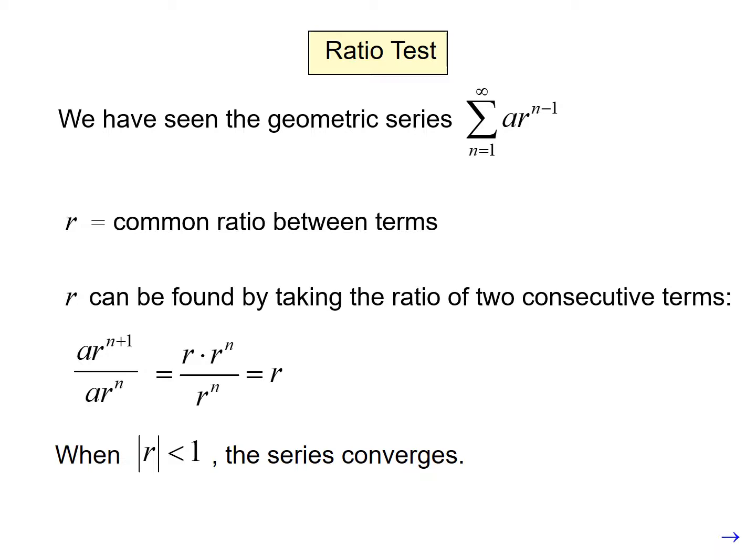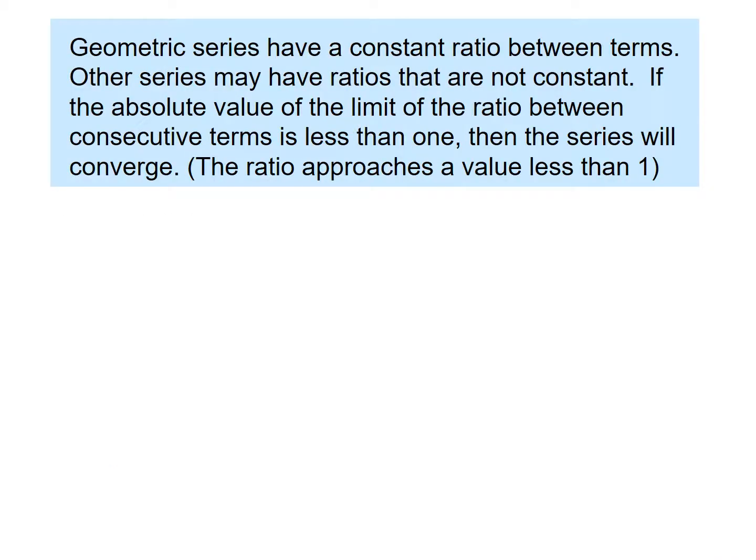And we know that if the absolute value of r is less than 1, or if r is between -1 and +1, the series is going to converge. So we can relate some series to this geometric series, where if the common ratio is less than 1, we know it converges. Well, we may have a series where the ratio isn't constant, but if we're always multiplying by something less than 1, we know it will still converge.